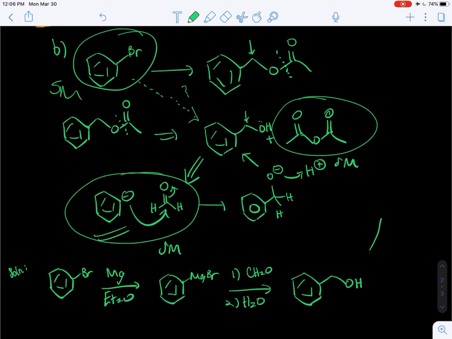And then I would treat that with acetic anhydride, and that would give me the benzyl acetate there. So that's 1, 2, 3 steps. Okay? Many of these synthetic reactions are maybe 3 steps, 3-4 steps.